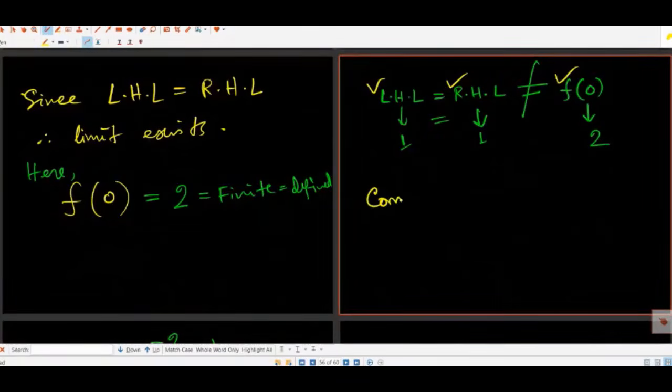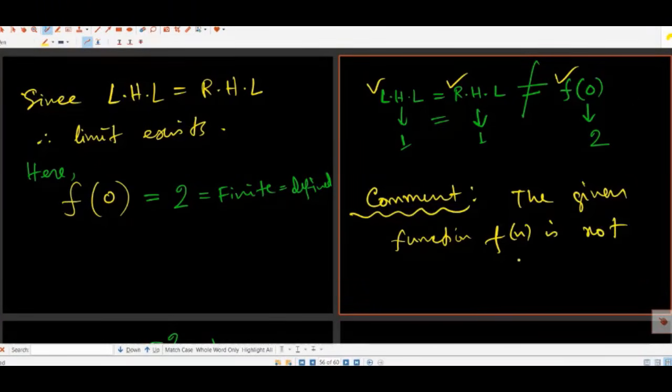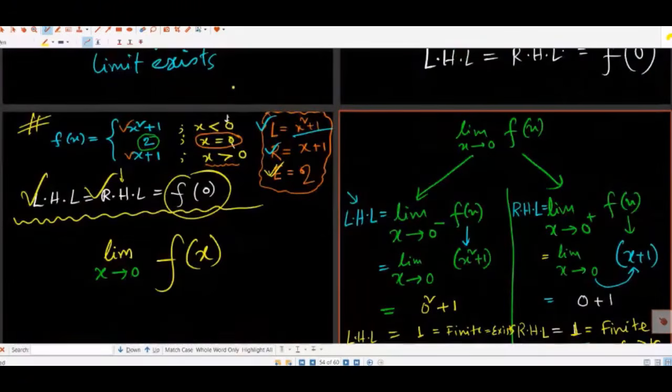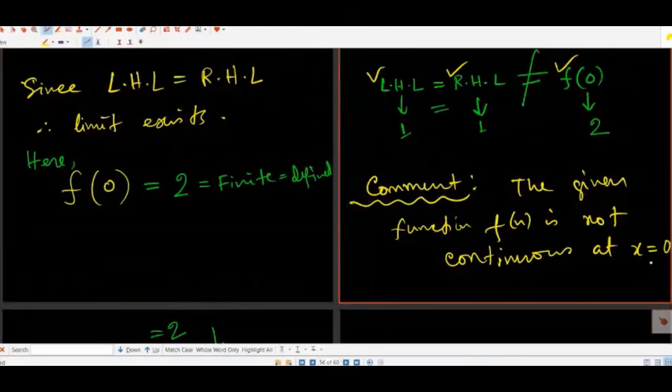So the conclusion we can write: the given function f of x is not continuous at x equals 0.